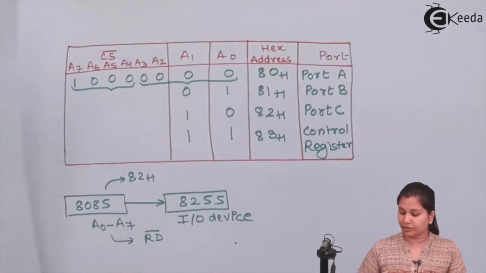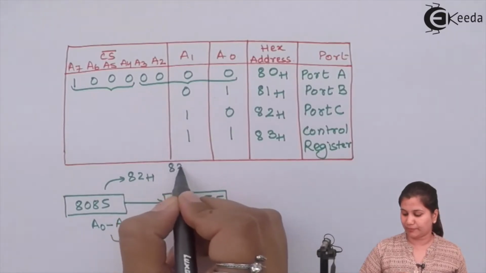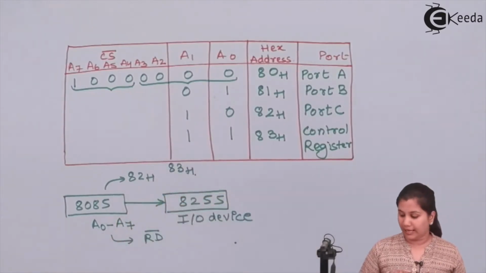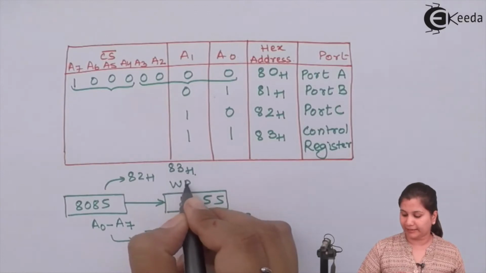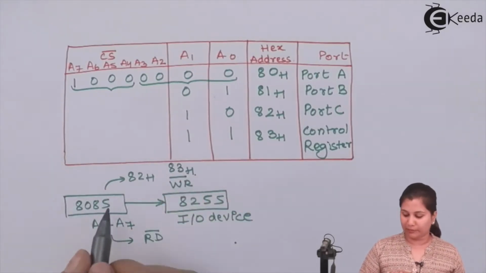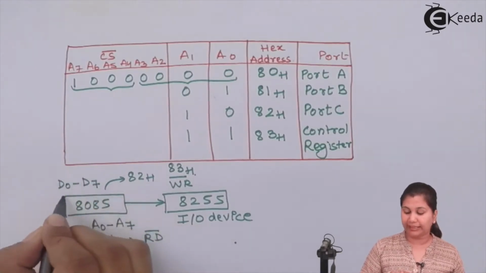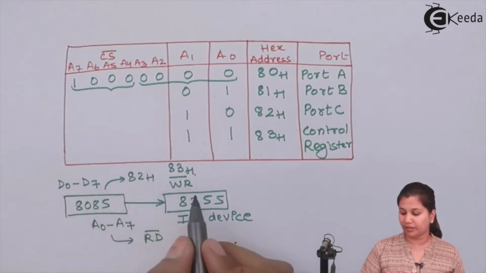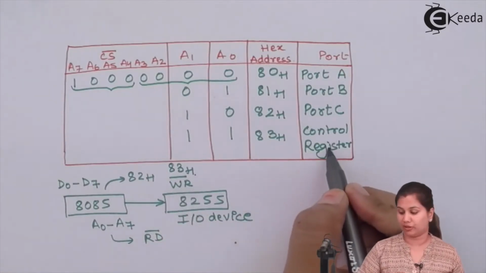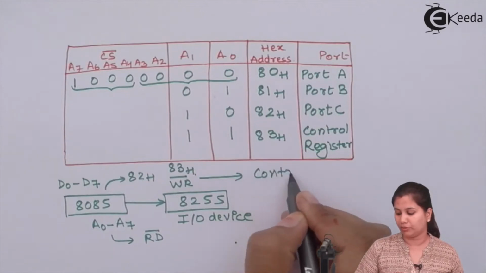Now if the 8085 is sending the address 83H and the write signal is activated, then the 8-bit data available on the data bus D0 to D7 will be written into the control register, and that 8-bit data is called the control word.